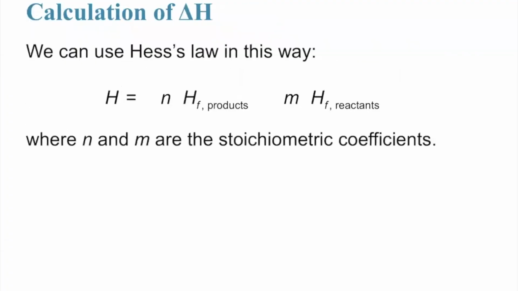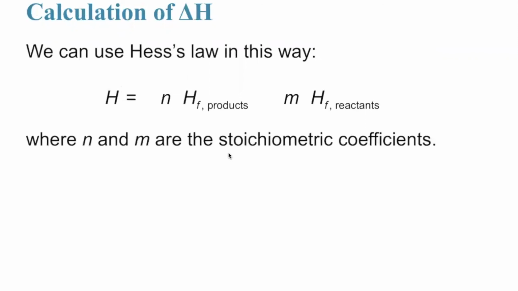Let me give you the equation that we are going to be using, and I want to explain what I meant: the heat of formation of any element in its standard state is 0.